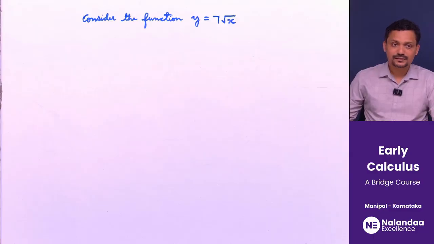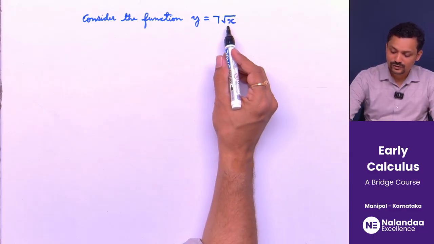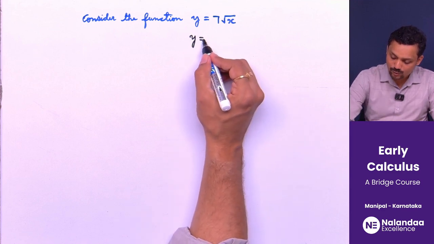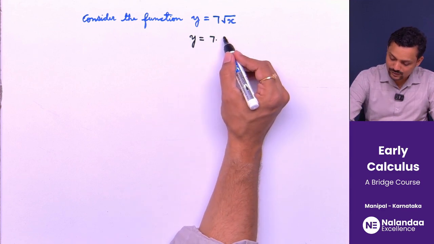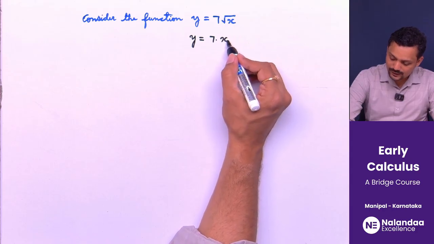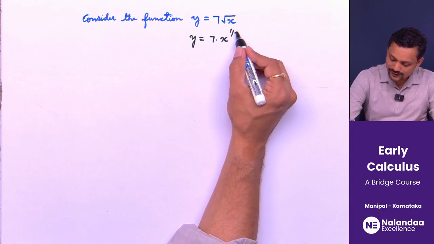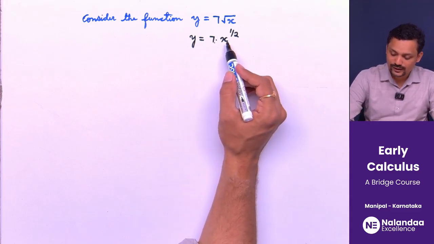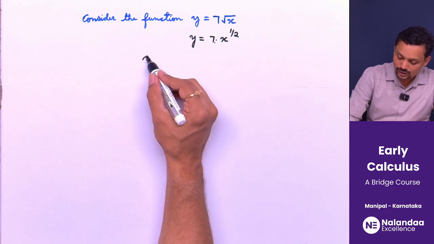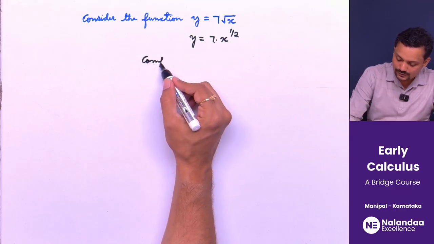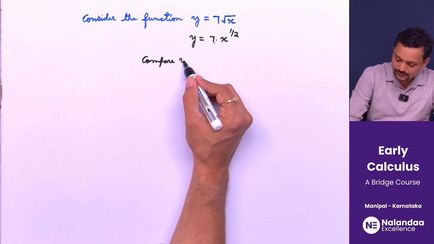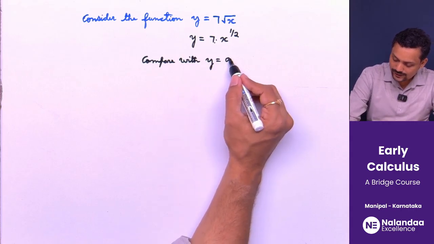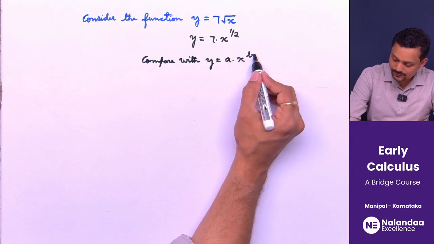Now consider the function y is equal to 7 square root of x. Now we will rewrite this function as y is equal to 7 into, now root x can be written as x power 1 by 2. Now this is of the form y is equal to a x power b. So we will compare with y is equal to a into x power b.